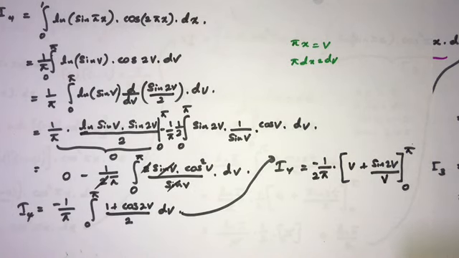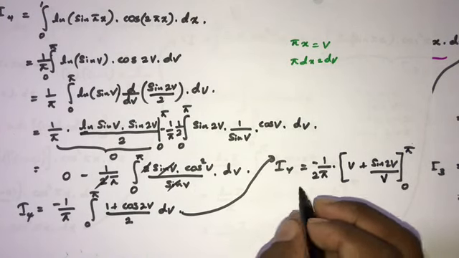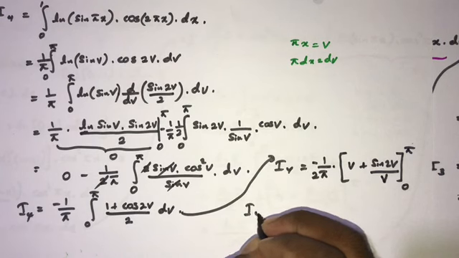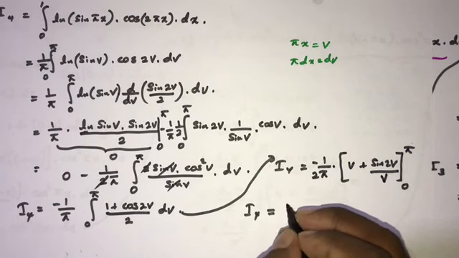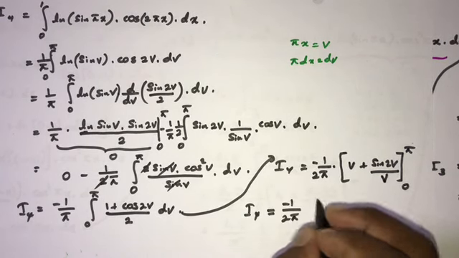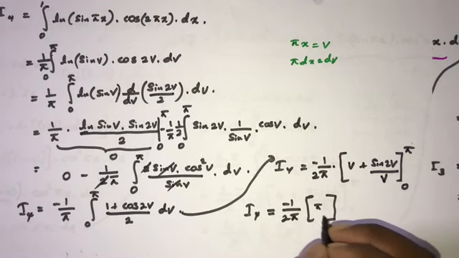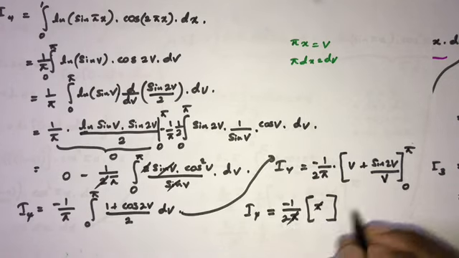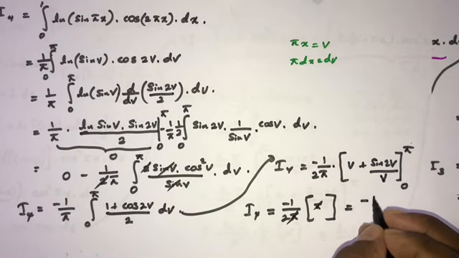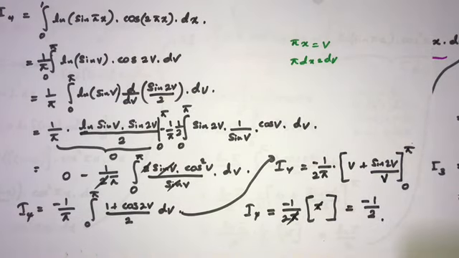Okay, then I4 is equal to minus 1 over 2 times π, we know here only π, so now π gets cancelled, and this is equal to minus 1 over 2.